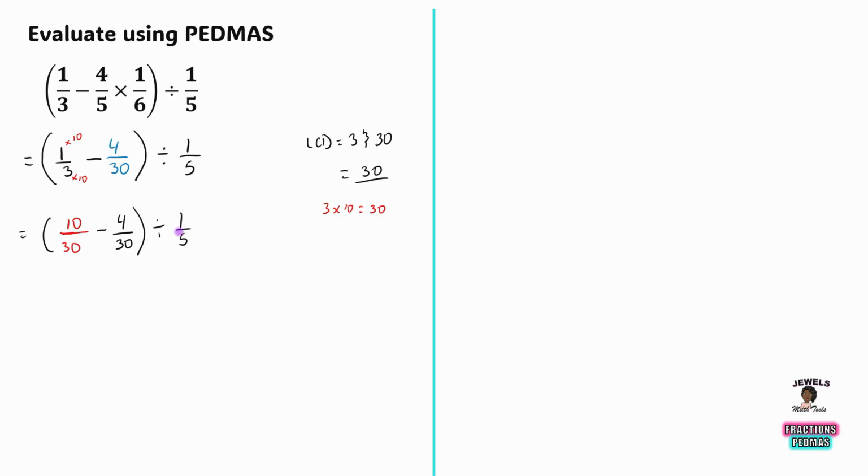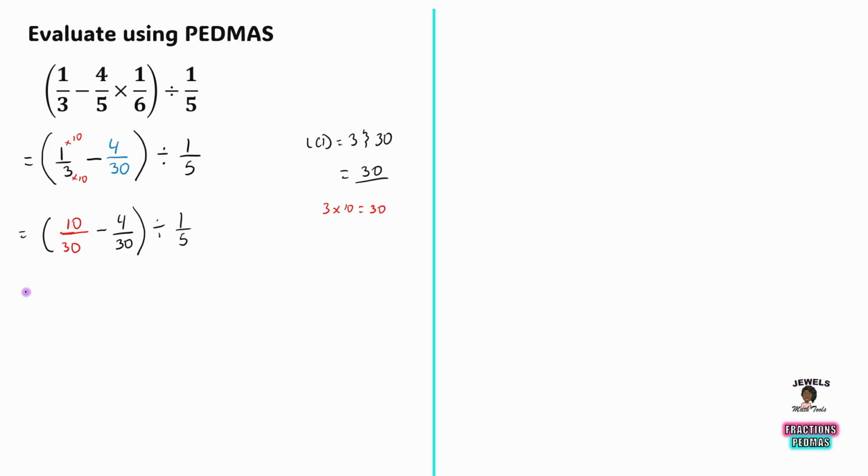Like you can work them out separately, but then when it comes to returning these answers back to your question, you're completely lost as to where they should be going. And as a result, operation signs, numbers get moved around, and then you end up with the incorrect answer. So, taking these steps, although it may seem tedious, it does begin to teach you how to structure your question or how to line them up as you are working through the question to make sure also that the correct operation is being performed in the correct order.